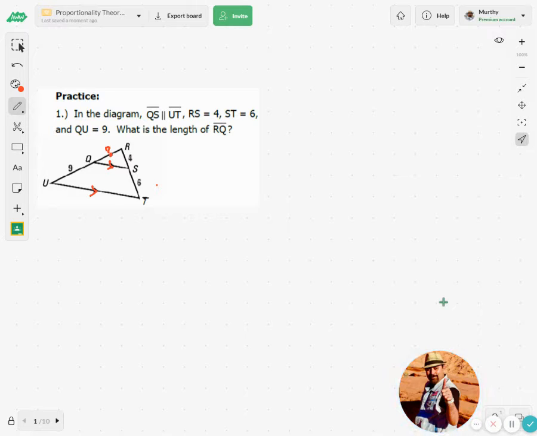Let me write the key point. By the proportionality theorem, if the line is parallel, it divides the other two sides in the same ratio. So here QS is drawn parallel to UT. The other two sides, RU and RT, are divided in the same ratio.